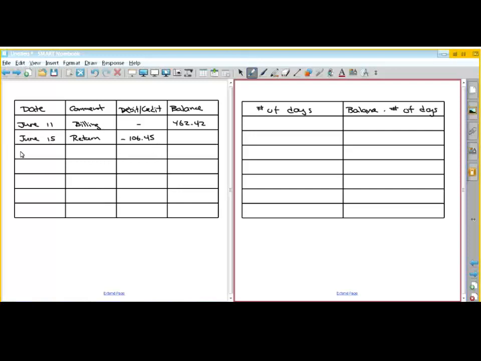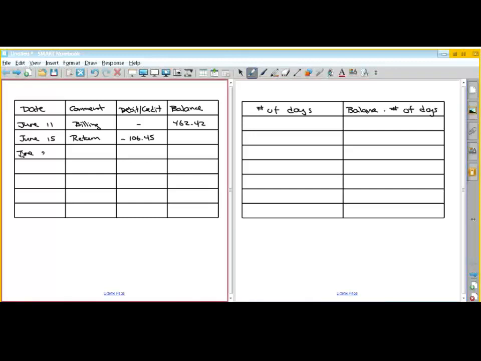So let's just fill in the rest of this table. We have June 20th, June 24th, July 3rd, July 6th, and we have July 11th, because that's the full month.